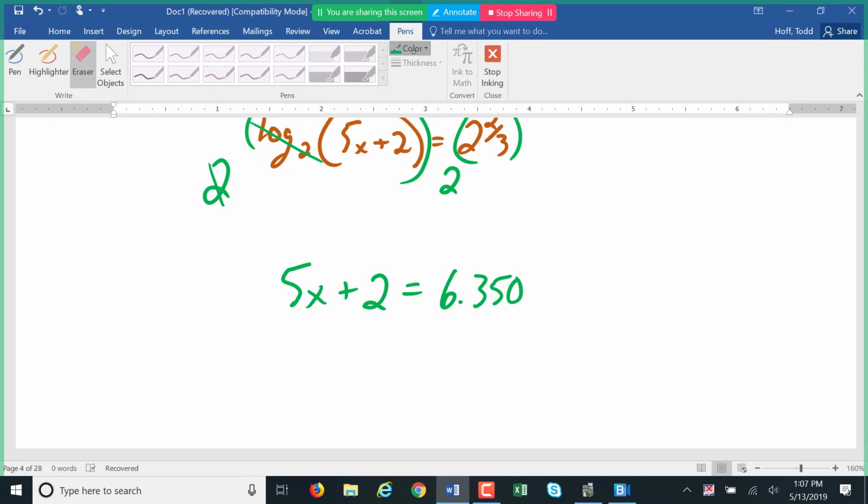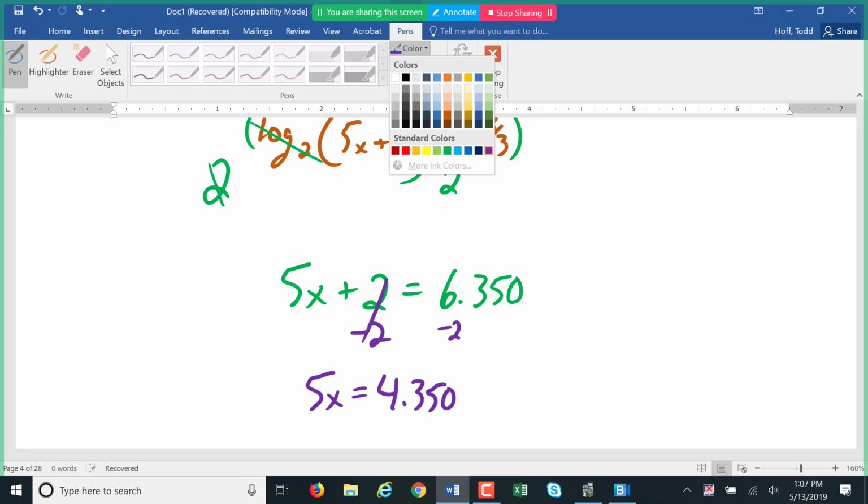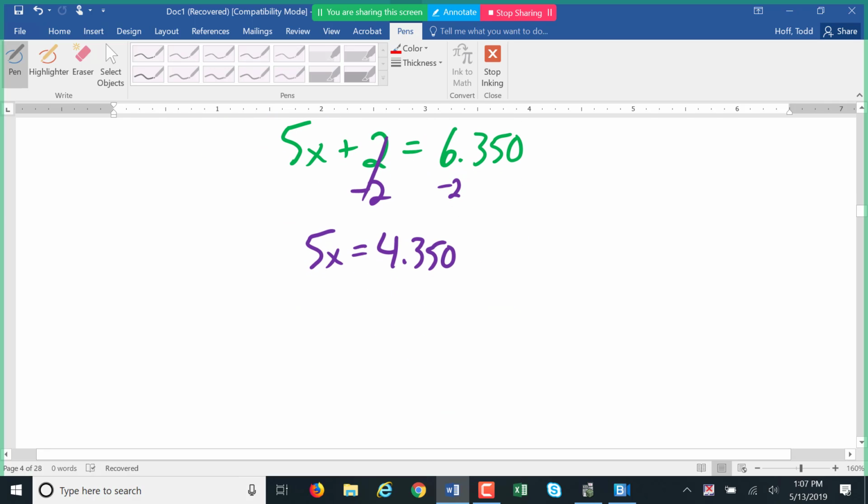And then? Subtract 2. 5x equals 4.350. And then? Divide by the 5. X equals 0.870.